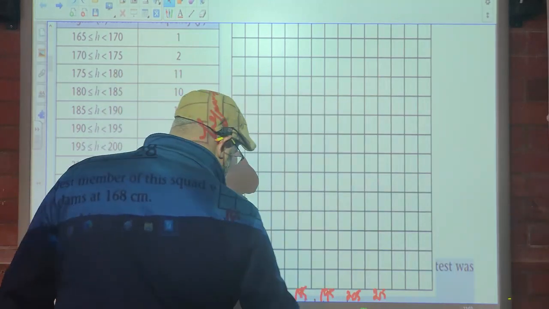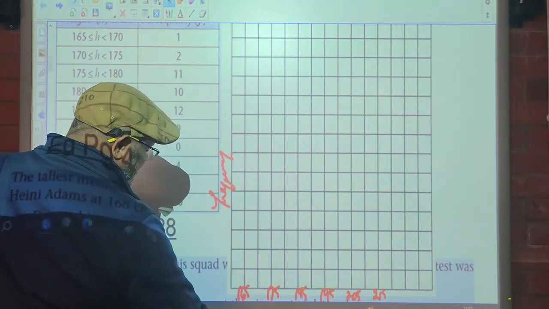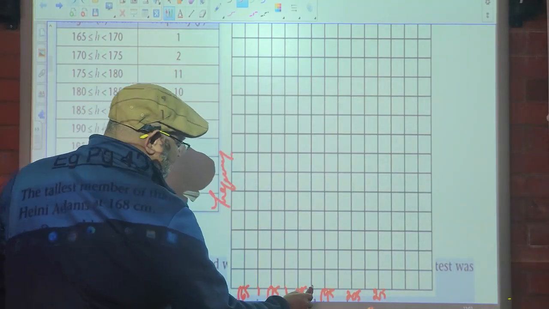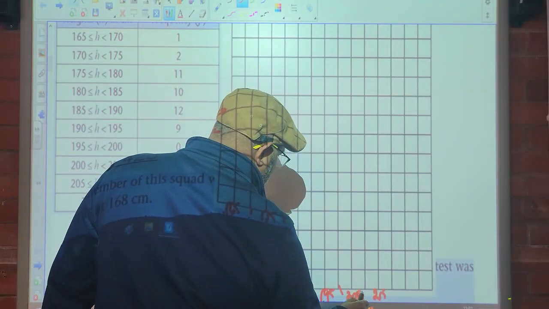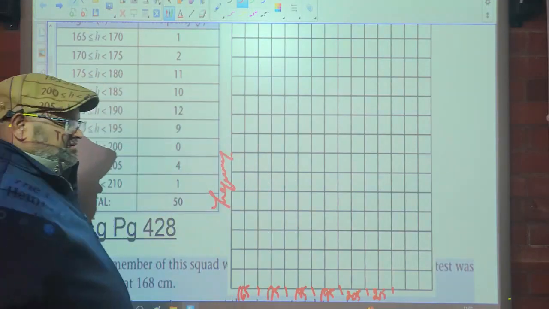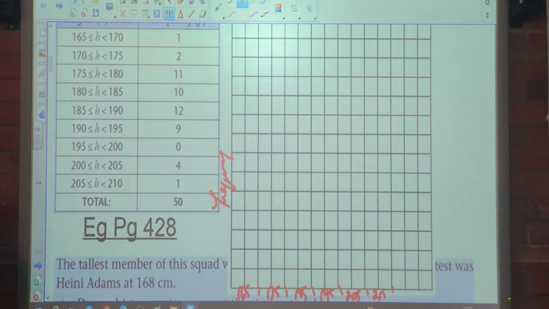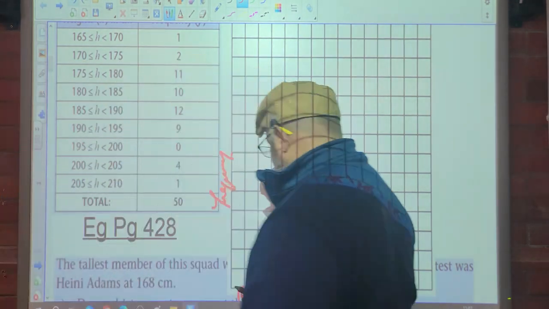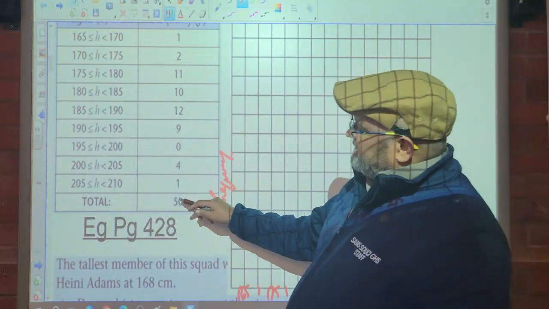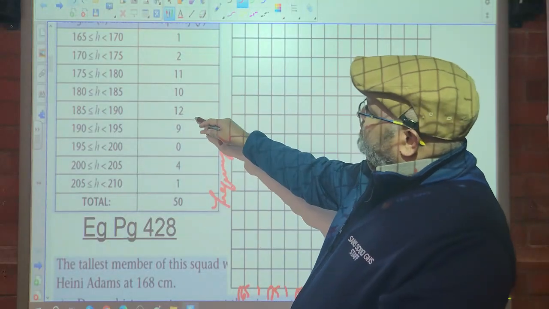So just remember the values in between are the tens. I don't want to write them in, otherwise it's going to be a bit cramped. So 165 to 170 is 1. The highest here is 12.